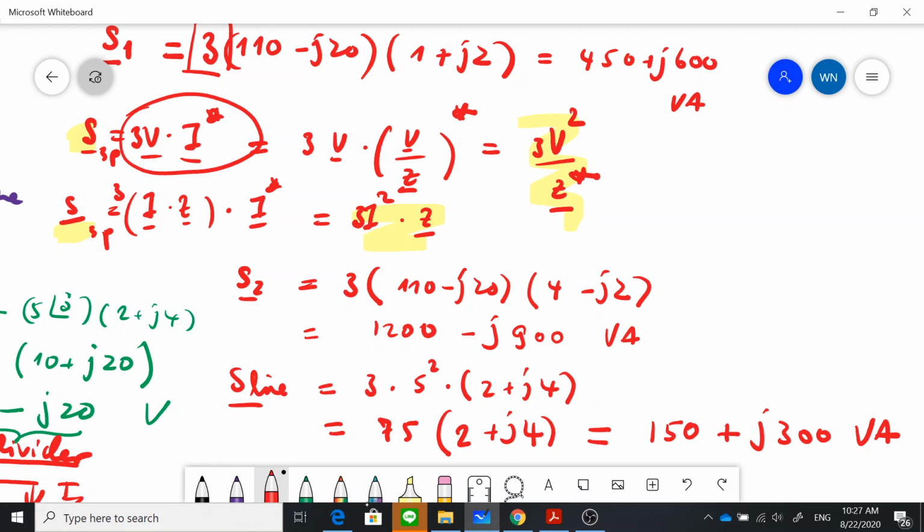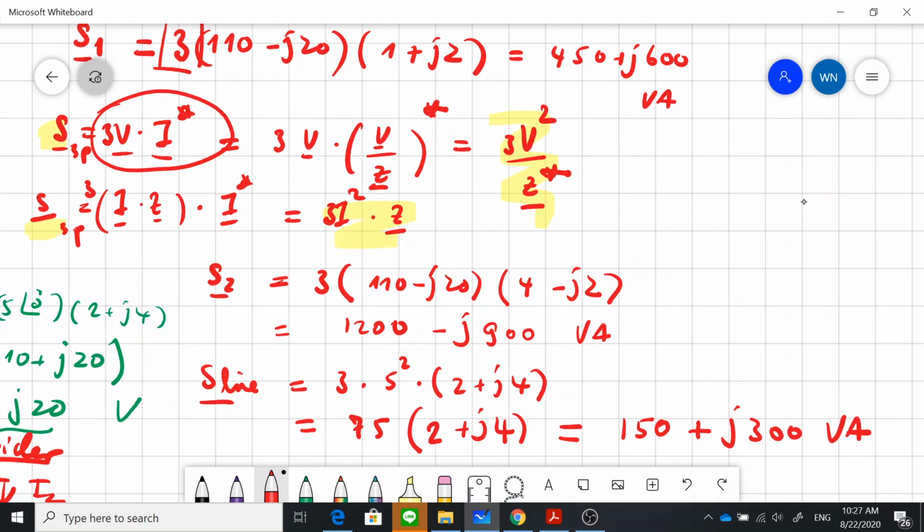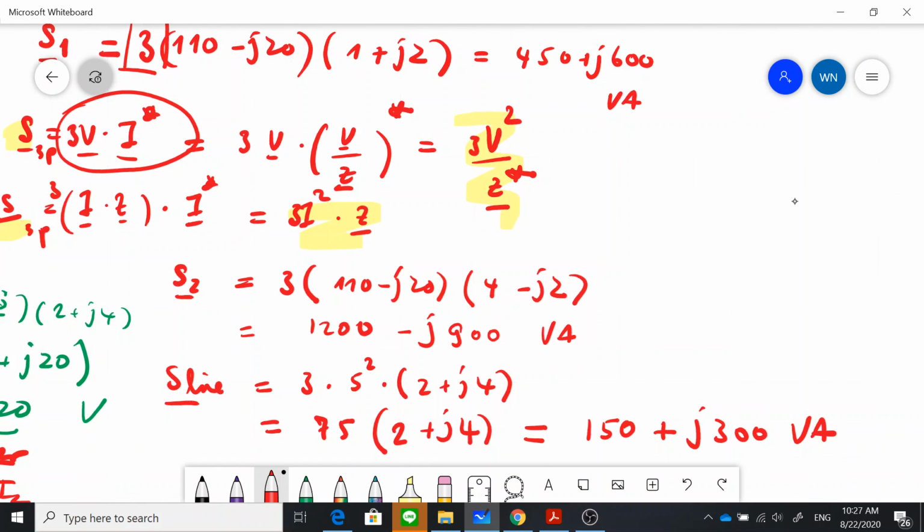Now you have everything that you would need for this answer. Now let us check the results. This is an important step when you learn engineering.